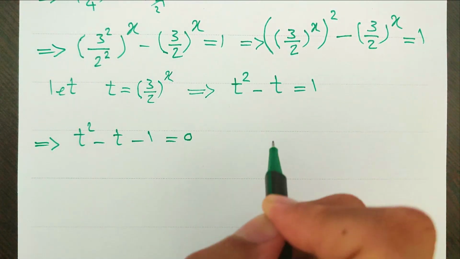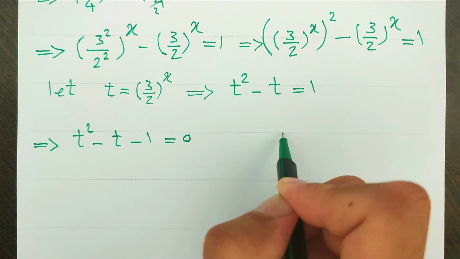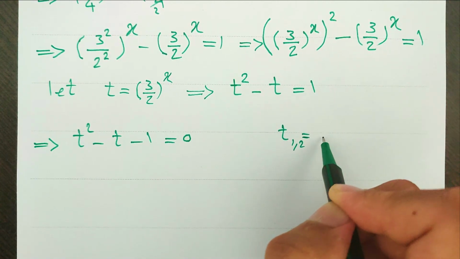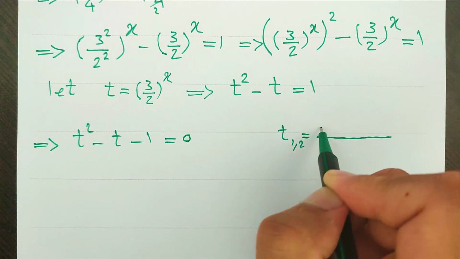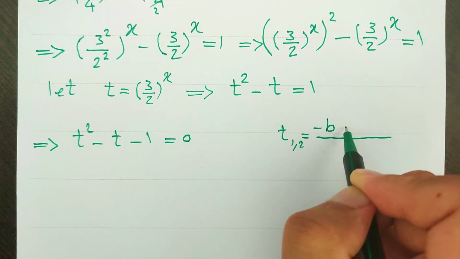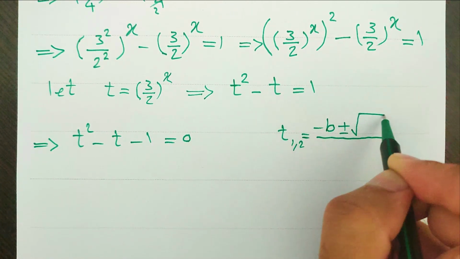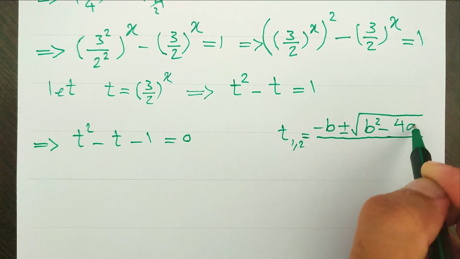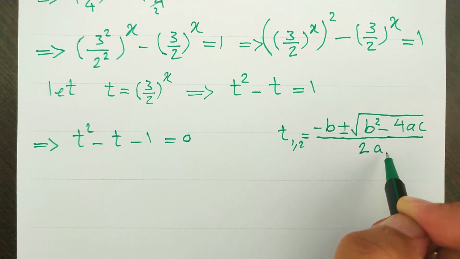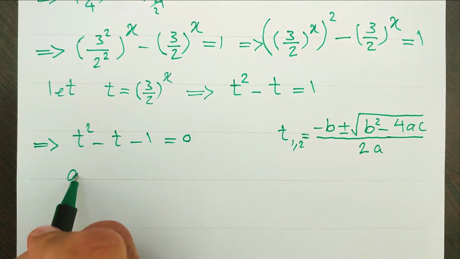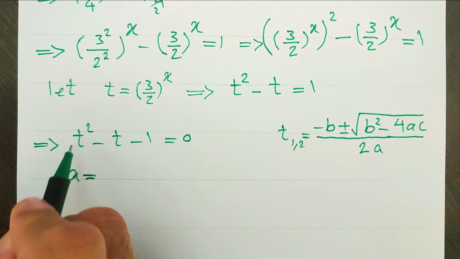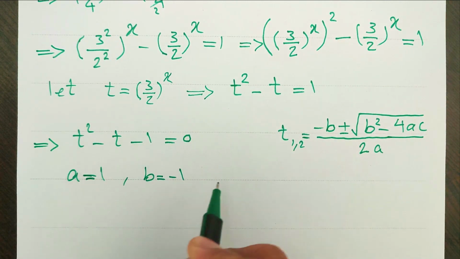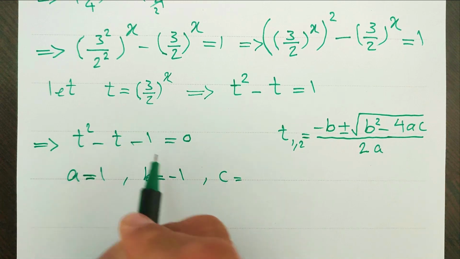Now let's solve this quadratic equation. As you know, the solution to a quadratic equation is given by minus b plus or minus the square root of b squared minus 4ac over 2a, in which a equals 1, b equals minus 1, and c equals minus 1.